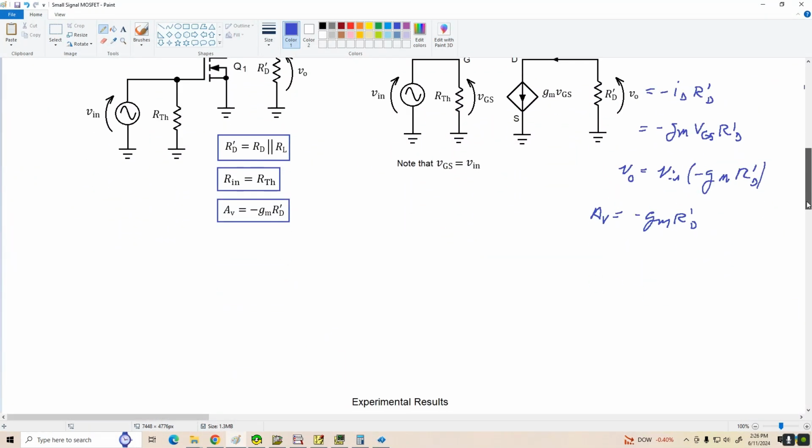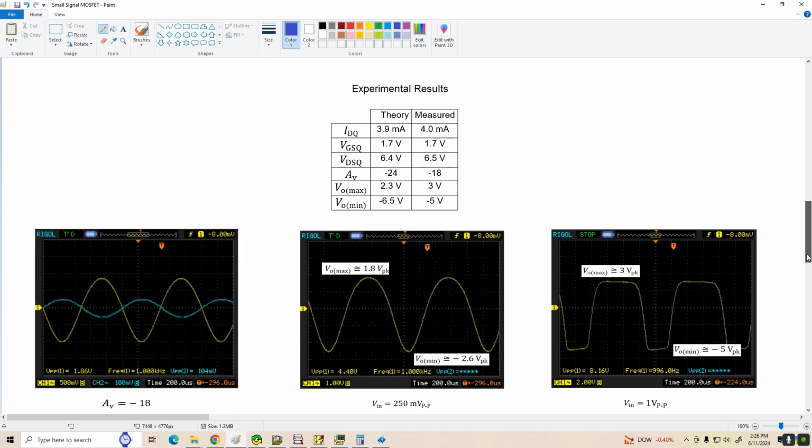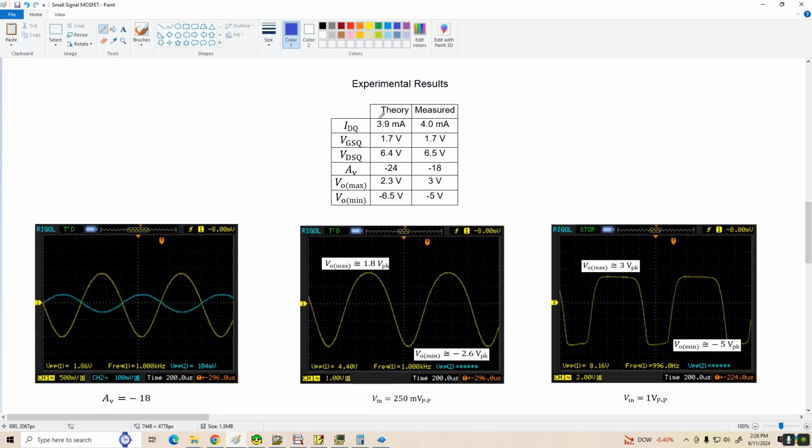Okay, now what we've got is a table where I'm comparing our theoretical values with the measured values I averaged out for a couple different transistors. So we can see the drain current is in good agreement, VGS is right on the money, VDS is pretty good too, and our actual voltage gain is a little bit lower than the theoretically predicted value, but that's to be expected.